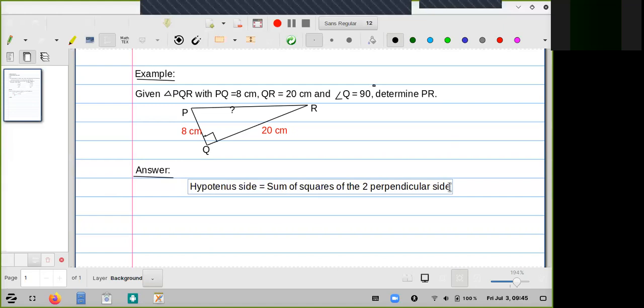Right? So it means we are going to find the squares of the other two sides which are perpendicular to each other. So the sum of those two squares of the sides which are perpendicular to each other gives us, or is equals to, sorry, I left out important information here. The square of the hypotenuse.